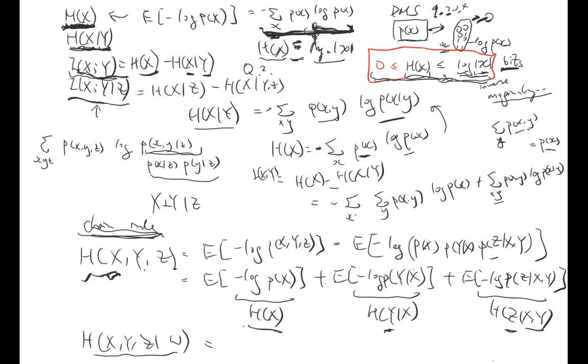The conditional joint entropy of x, y, and z given w will be: given w, what x leaves behind, and then given w and x, what y leaves behind, plus given x, y, and w, what z leaves behind. That's the chain rule.